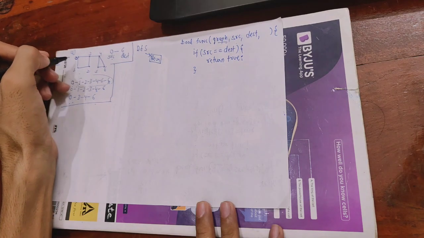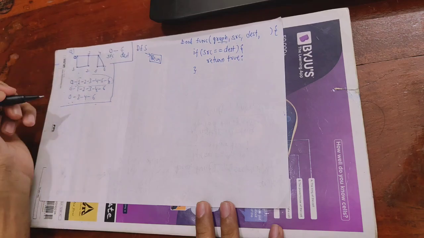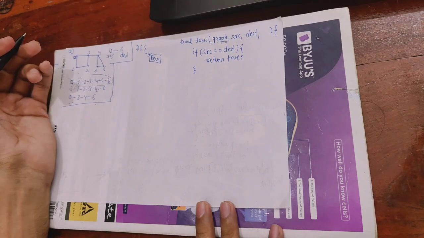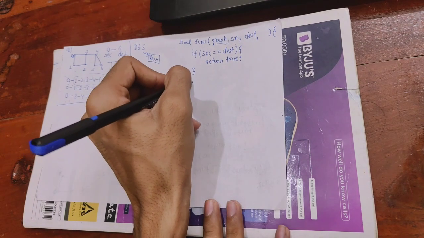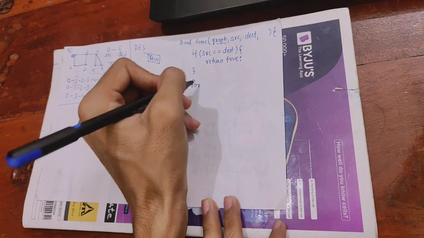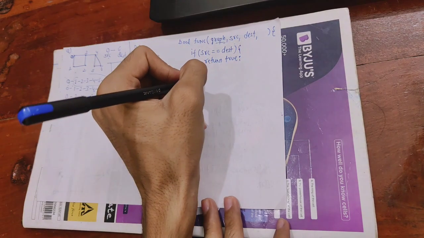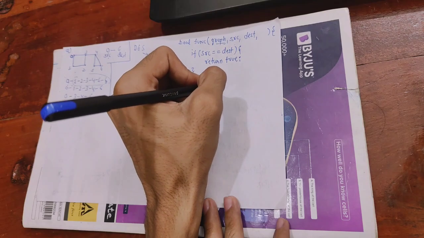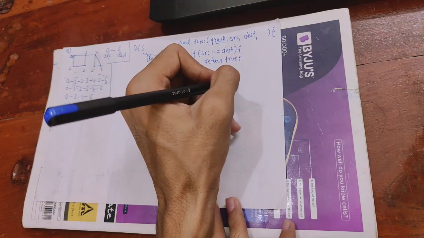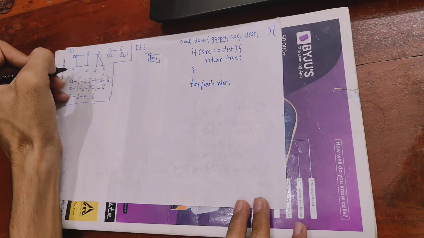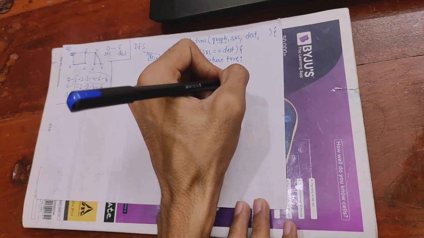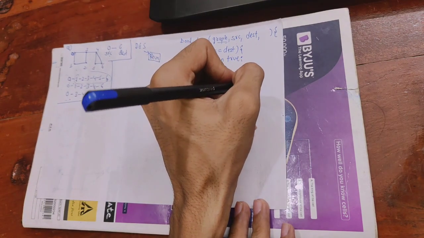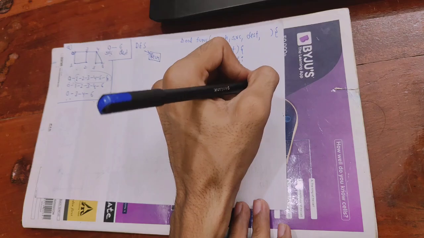So we started from 0, we need to go to all its neighbors, and then do a recursive call. So we traverse through all the neighbors of the source node. The neighbors of 0 are 1 and 3. The graph tells you all the neighbors of the source node.